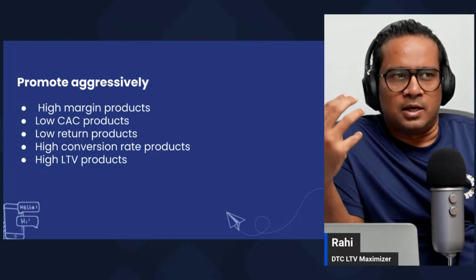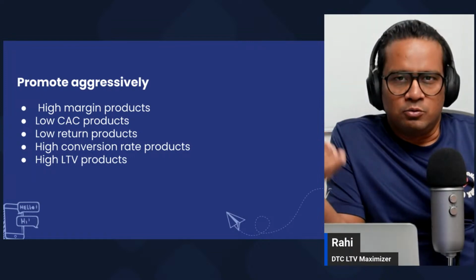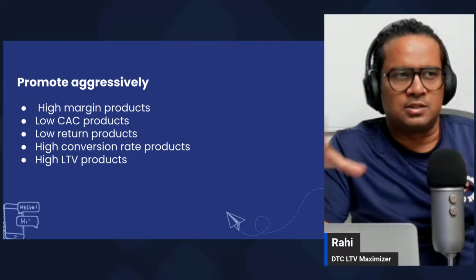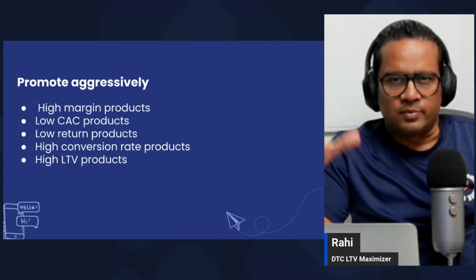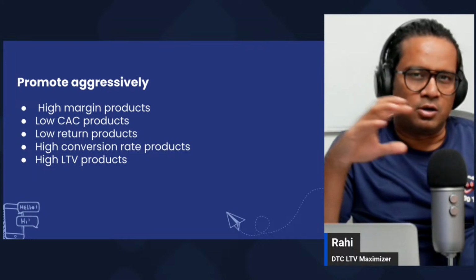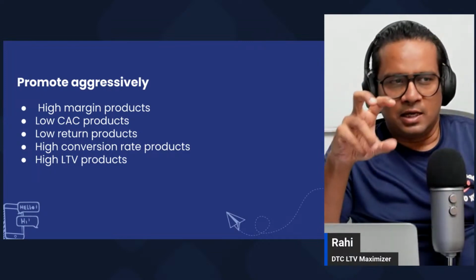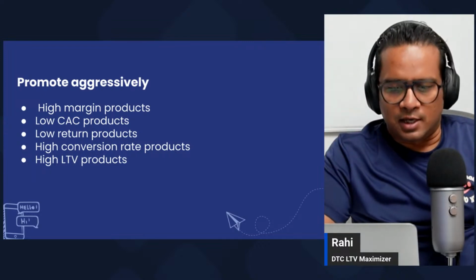So you invest more in those products, you get more videos made for those, you do more influencer work with these products. After that analysis you will find those hidden gems which maybe were not in focus, or were not on the radar, and then you can start putting your marketing dollars or muscle behind that product.